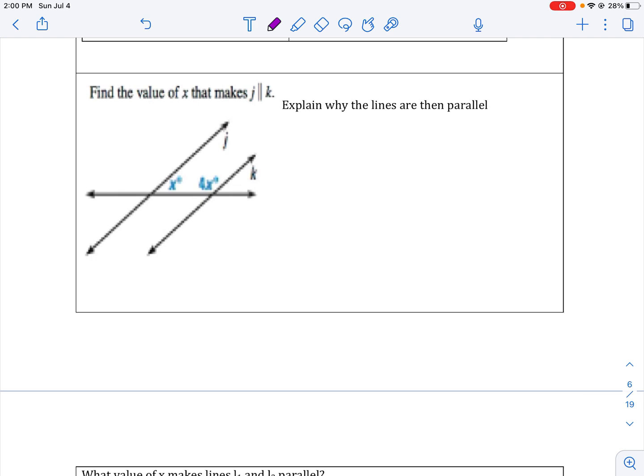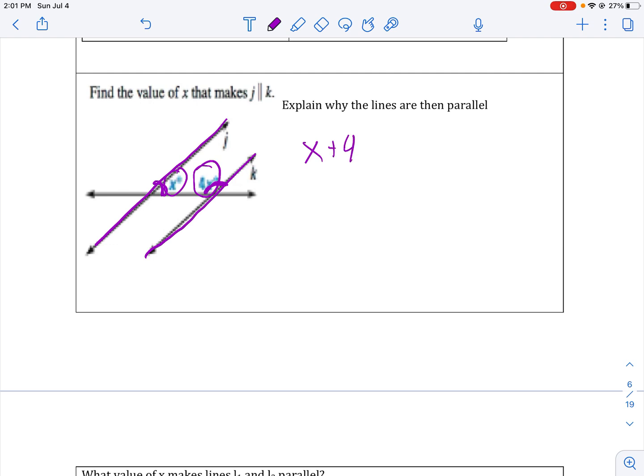What value of X makes J parallel to K? Well, both of them are on the same side of the transversal and inside the two lines. When they're on the same side, see how they look like they're different measurements. This is a small acute angle. This is a big obtuse angle. If they look different, they are different.